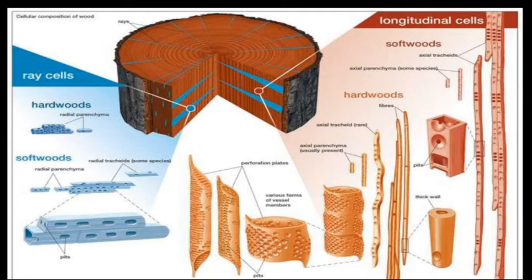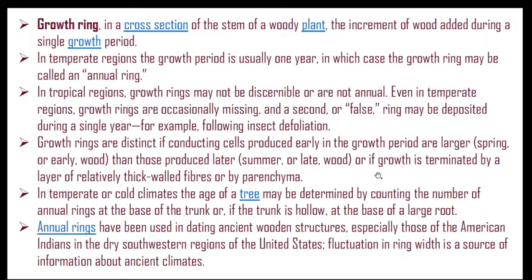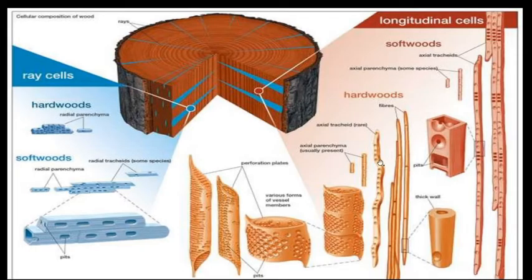while around the vessel there is axial parenchyma, and these are the axial tracheids. And these are the fibers. The most important difference between tracheids and fibers is that tracheids have many more pits as compared to fibers. So these tracheids show many more pits, while these fibers have fewer or rare pits on the outer wall.